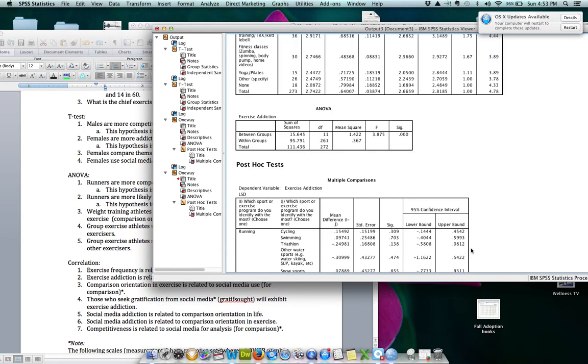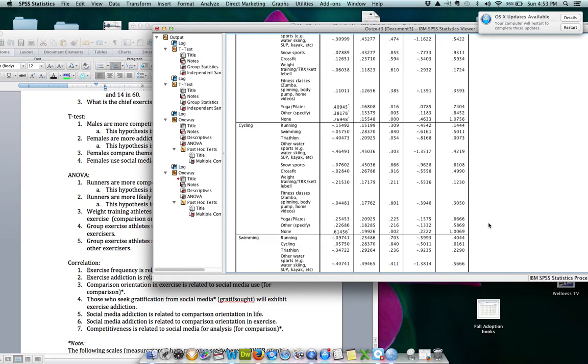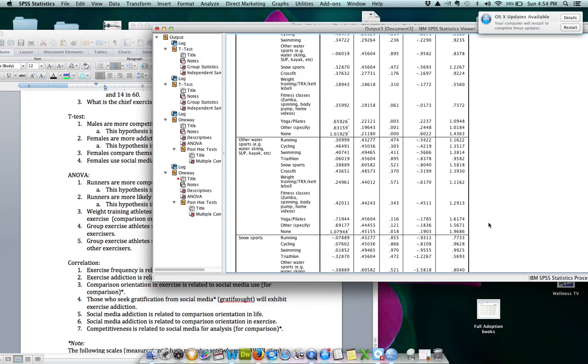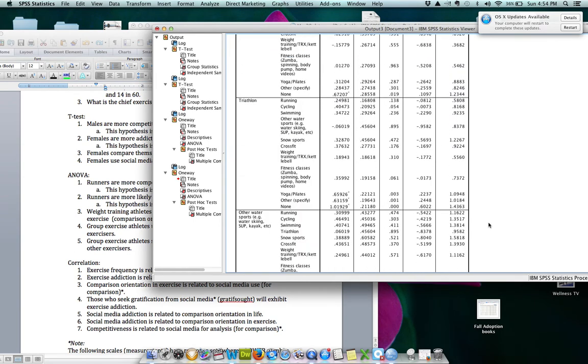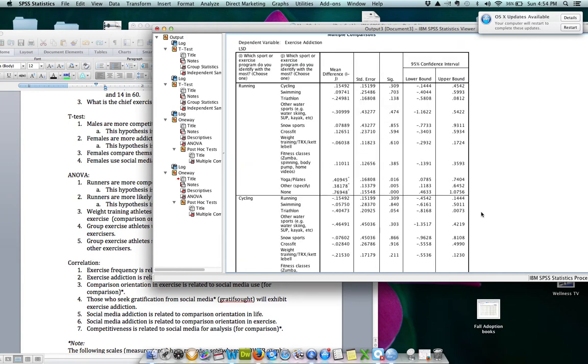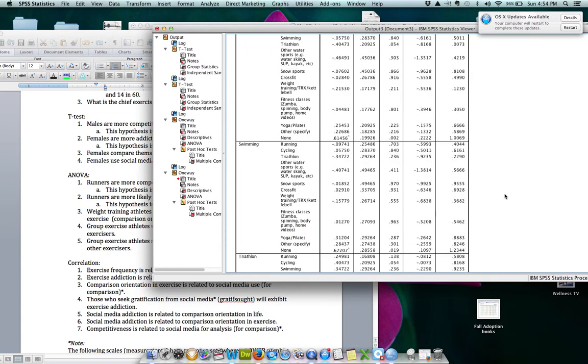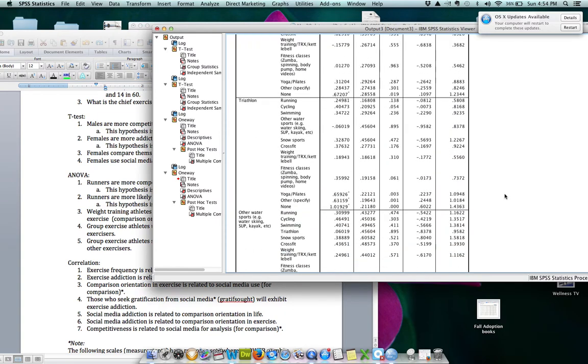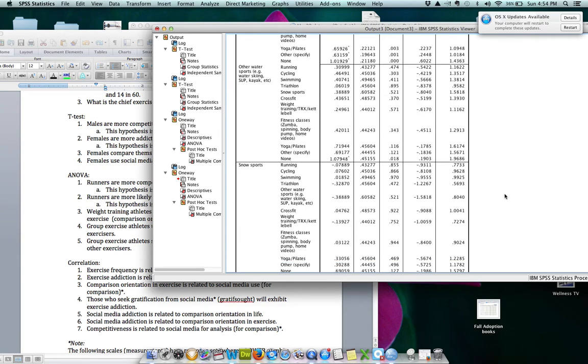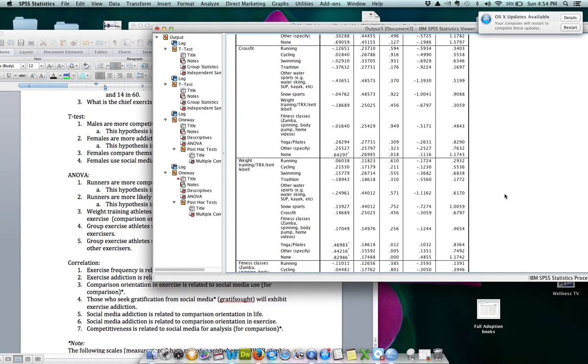So my hypothesis actually isn't supported. If I compare running with all the other ones, it just makes them, runners more competitive than yoga people and Pilates, the other category. It doesn't appear that there's much difference between any of these other groups.